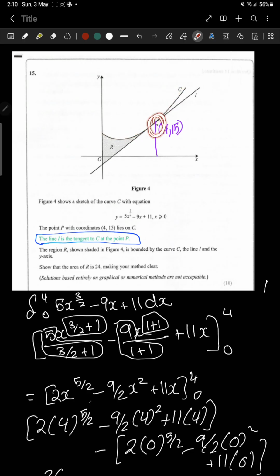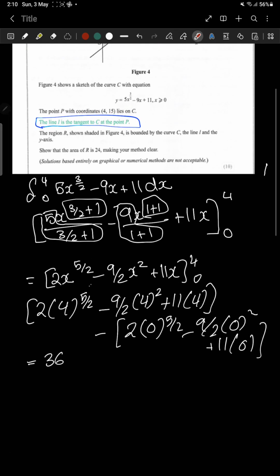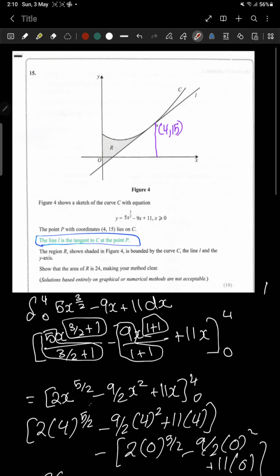So we can find the gradient at this point, because dy over dx, the difference in y and the difference in x, will give us the gradient at point P when we substitute 4. Now why is that useful?